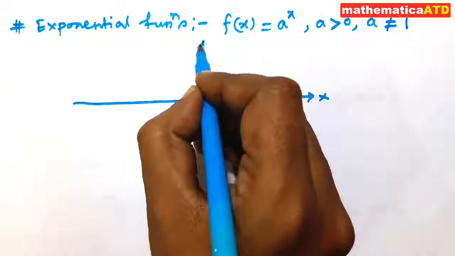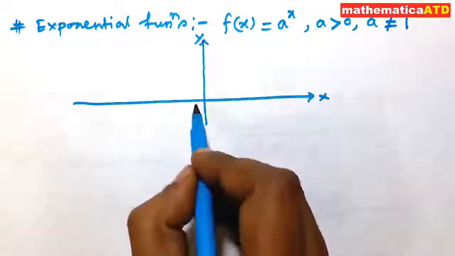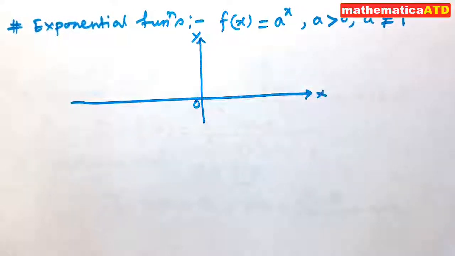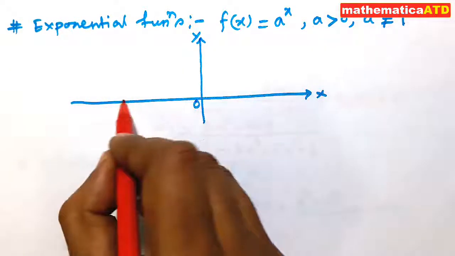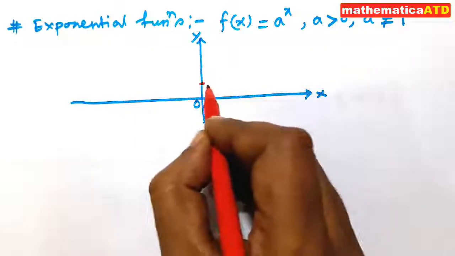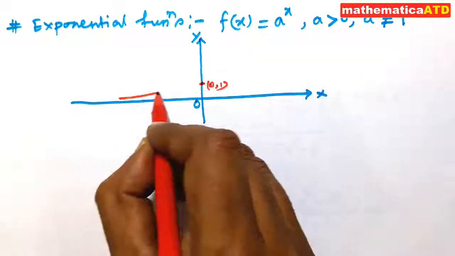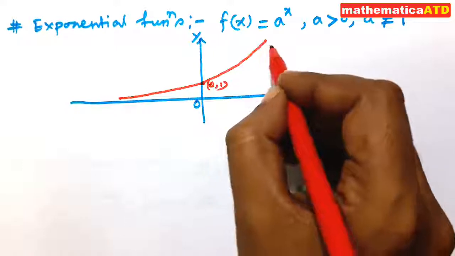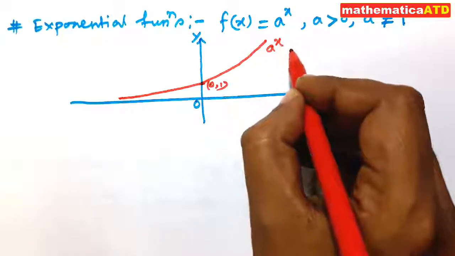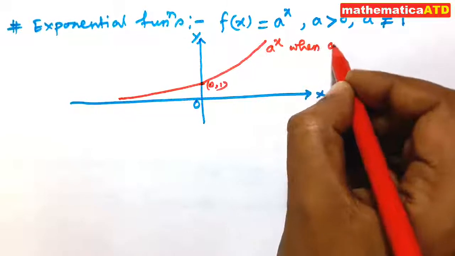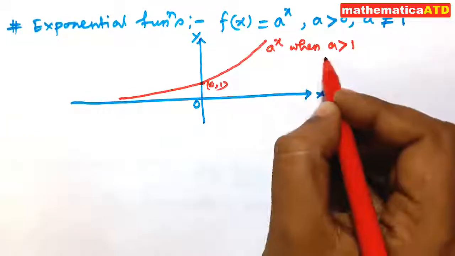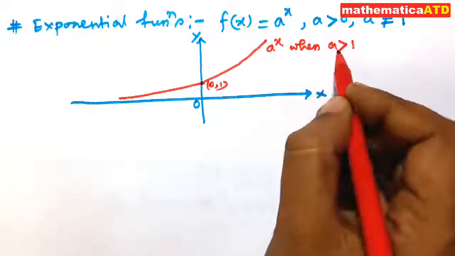x-axis, y-axis, origin, and this point is say (0, 1). The curve is like this. This is a to the power x when a is greater than 1, that is, the base is greater than 1.